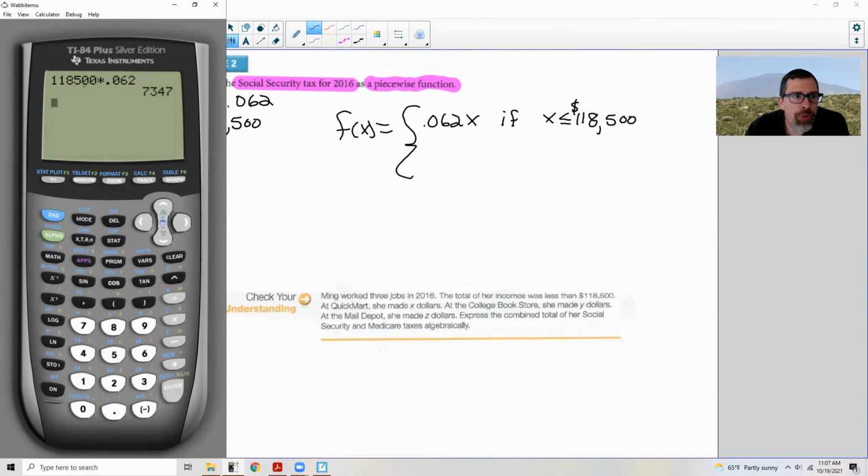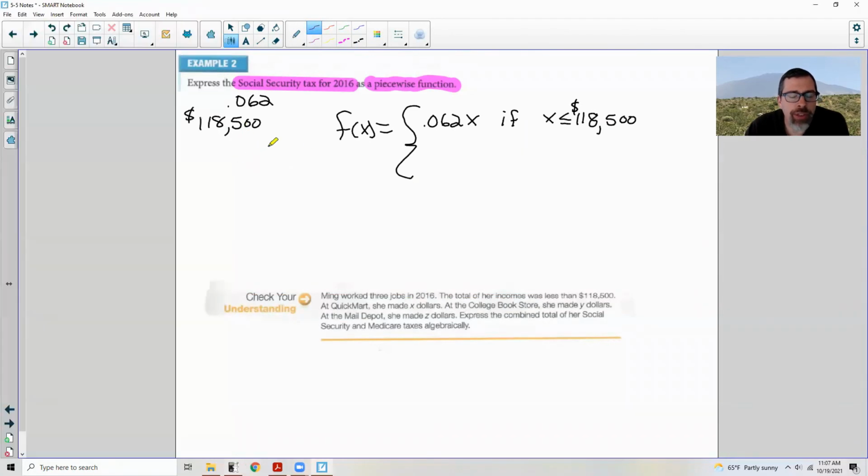So 6.2% of 118,500 is $7,347. So $7,347 is going to be the maximum they can take out of us. So if X is greater than $118,500, then we're going to get the same amount. And actually, I don't want the equal sign here if it's greater than that.